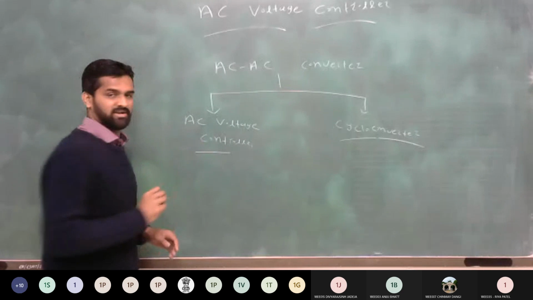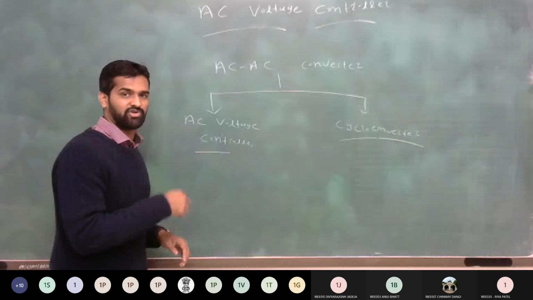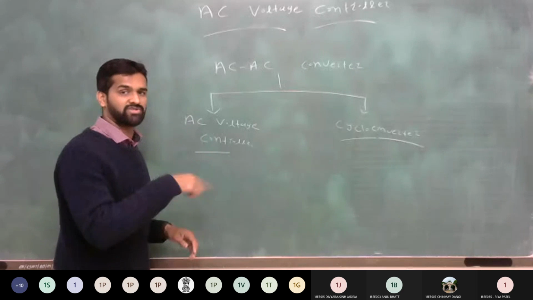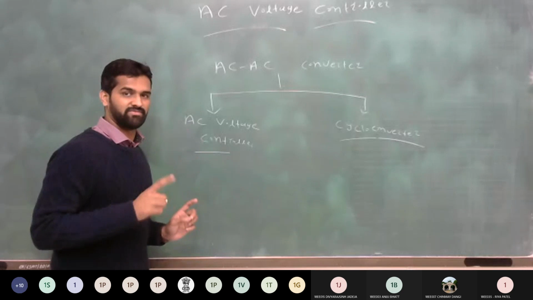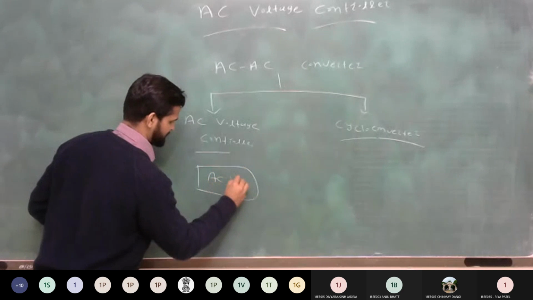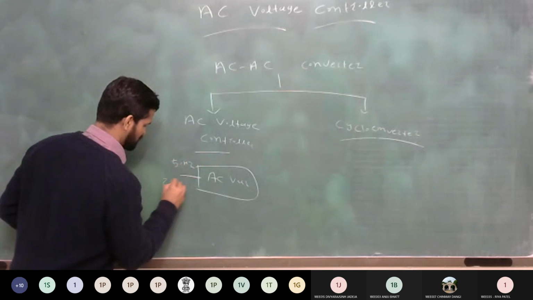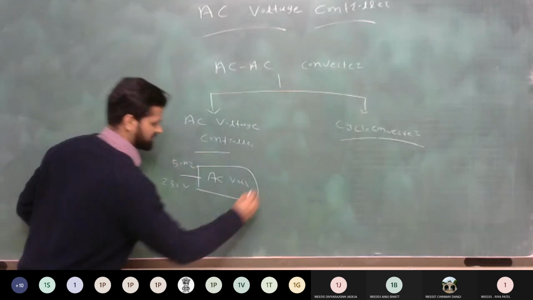The AC voltage controller converts your fixed AC voltage into variable AC voltage without changing the frequency. Suppose this is the AC voltage controller. This is your 50 Hz 230 volt AC supply.